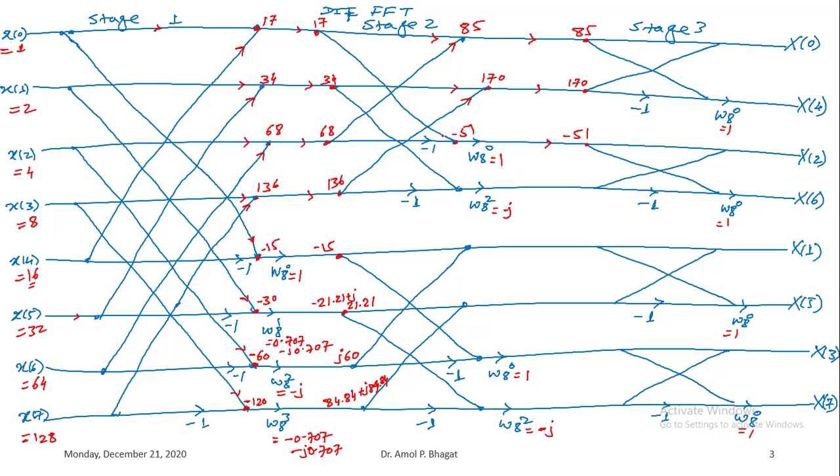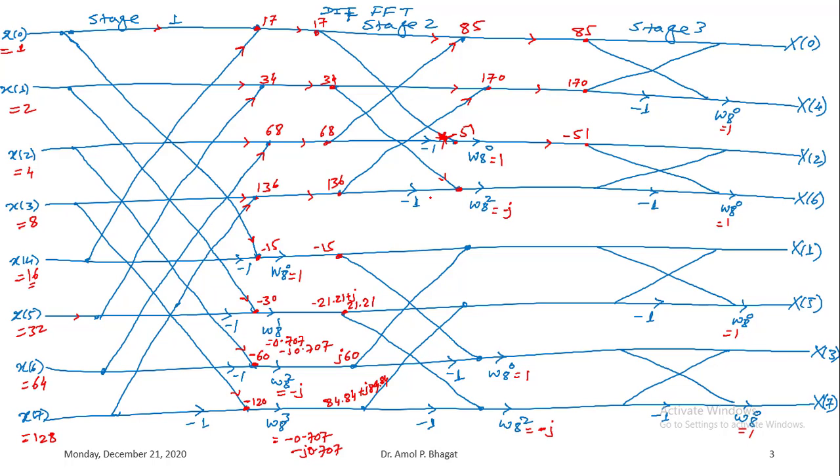Okay, so from this side again 34 will come here, right?